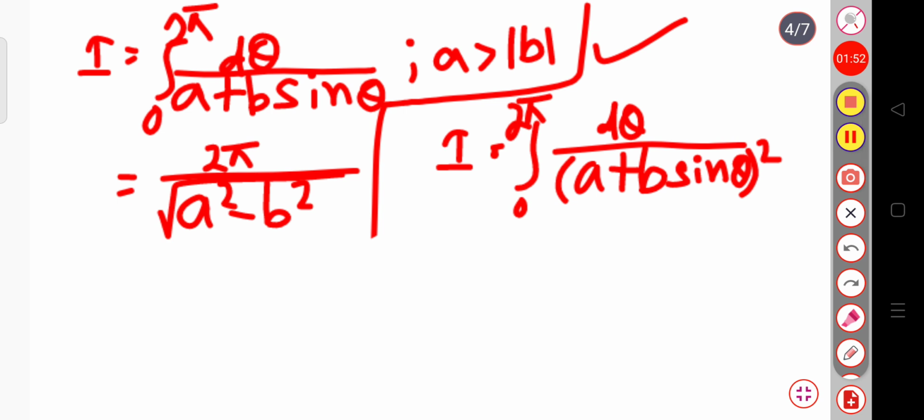To solve this I have to consider this first integration and take the derivative with respect to a. This is the partial derivative with respect to a on the left hand side and the right hand side.